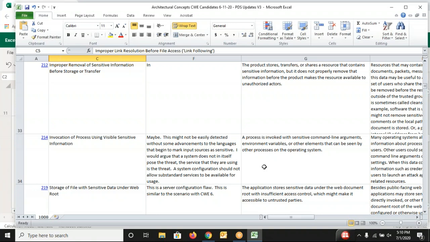And then Paul wanted to walk through some more examples here. I think line 34, number 214, invocation of a process using visible sensitive information, is a good example to talk about. How would you do that from a model point of view?